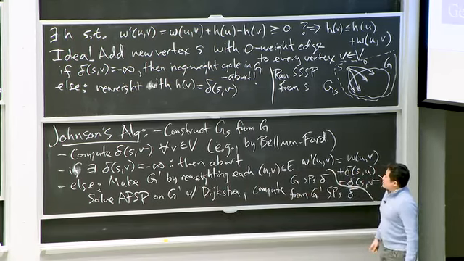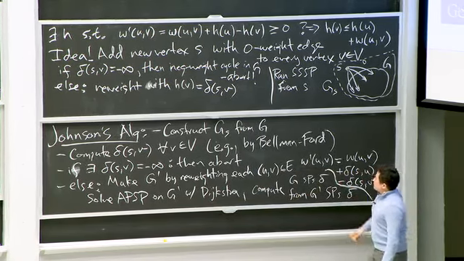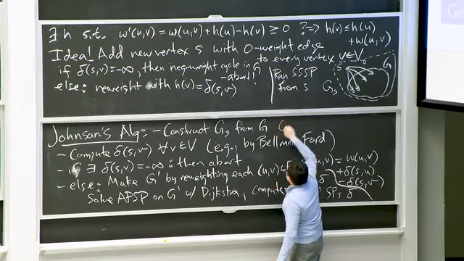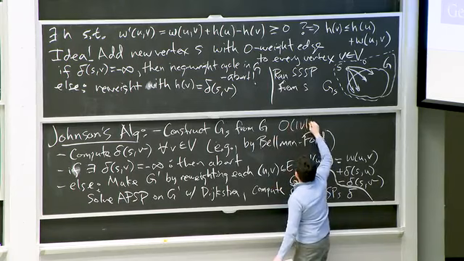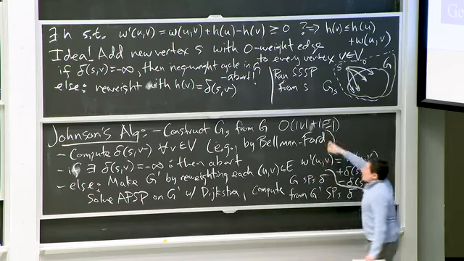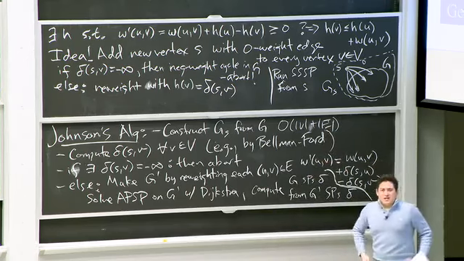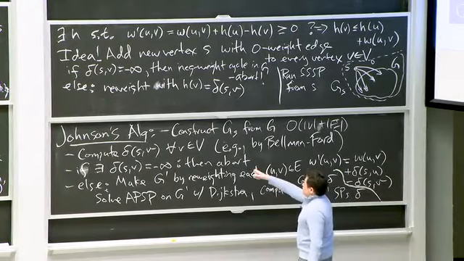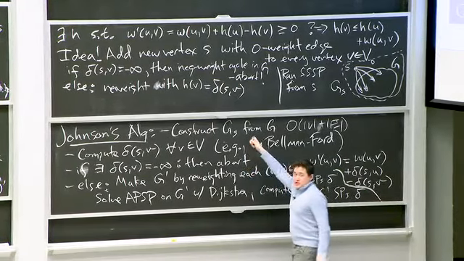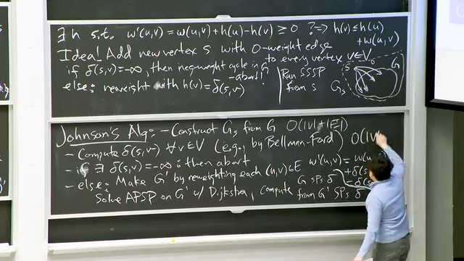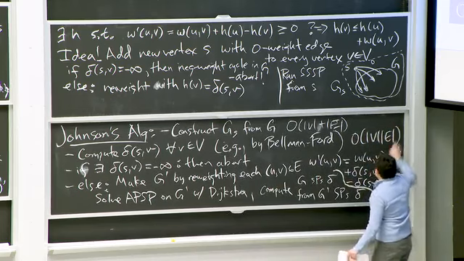Then computing this takes a small amount of time. Okay, what is the running time of this algorithm? So this part, reconstructing this thing, takes linear time, right? I'm just making a new graph of the same size except I added V edges and one vertex, okay? Doing Bellman-Ford on this new modified graph, I'm doing that once. That takes V times E time.